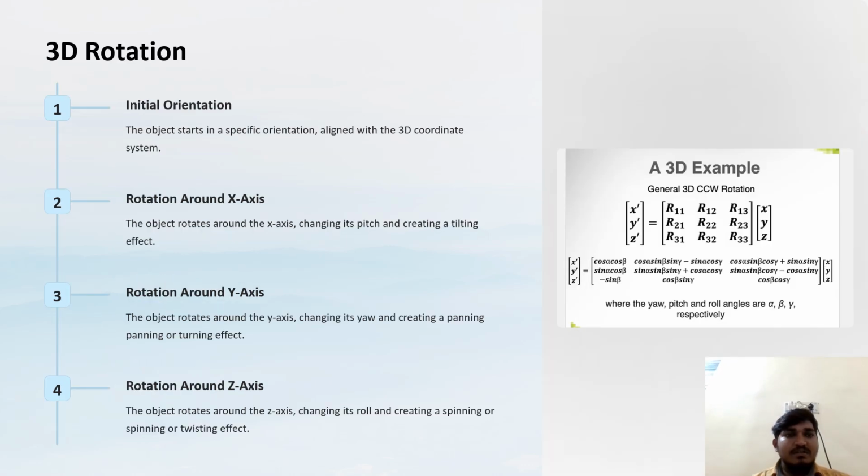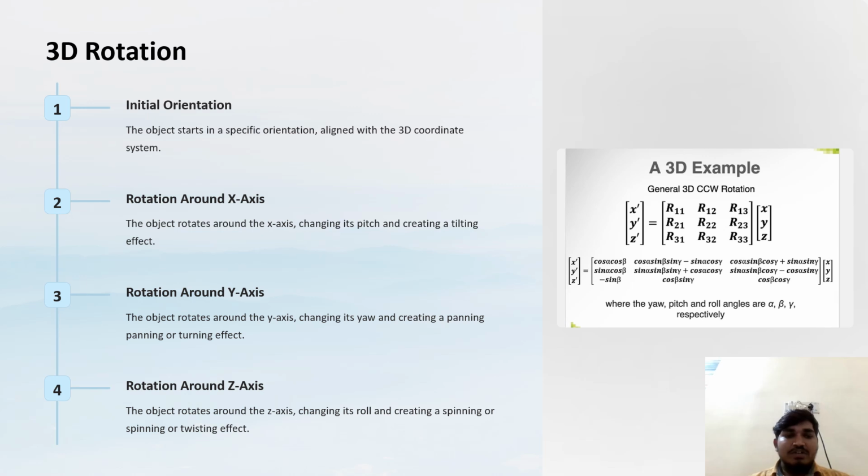Now let us see 3D rotation. In this we have four categories. First one is initial orientation. The object starts in a specific orientation aligned within the 3D coordinate system. And let us see rotation around the x-axis. The object rotates around the x-axis, changing its pitch and creating a tilting effect.